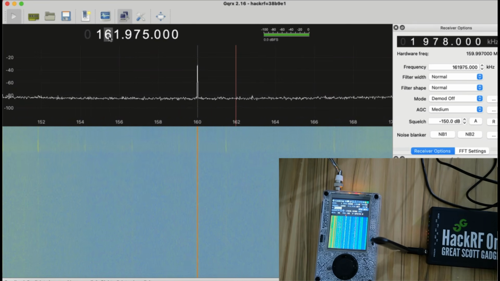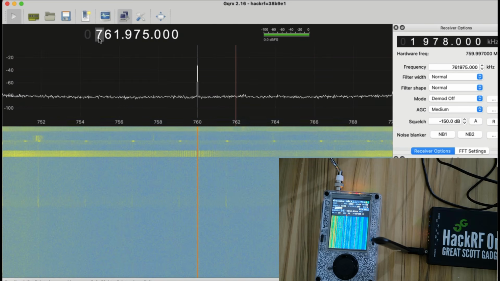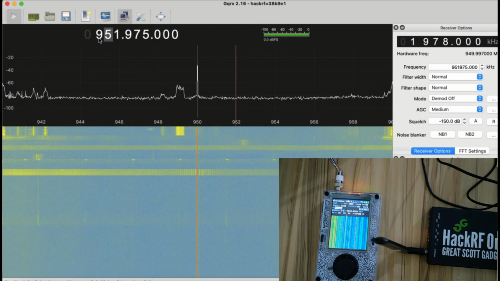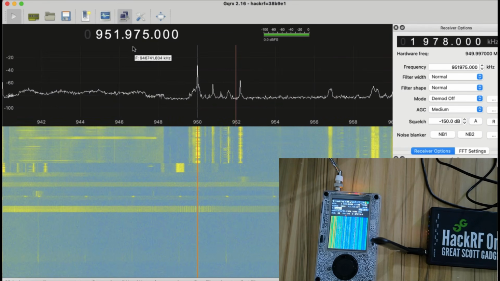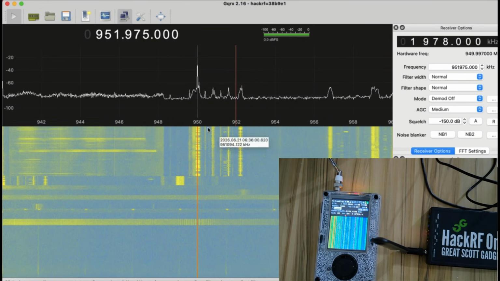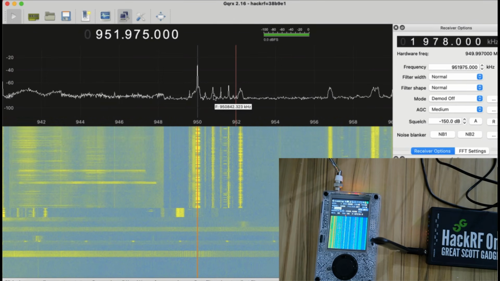So I can tune into a frequency somewhere around, let's say, 935. I just want to show you because at 935 you'll get a good signal strength. As you can see, I am seeing a lot of activity around this particular band, which is actually your cellular telephony.